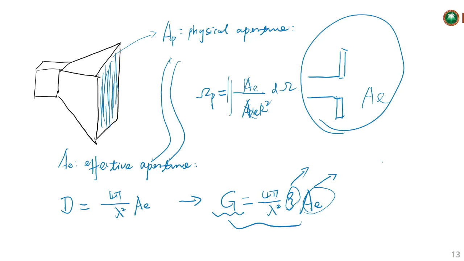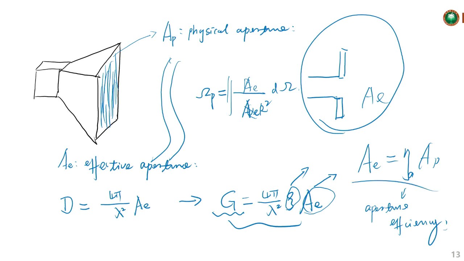And finally, between the effective aperture and the physical aperture, there is another parameter. It is called the aperture efficiency. So this is the expression for it, like this one.